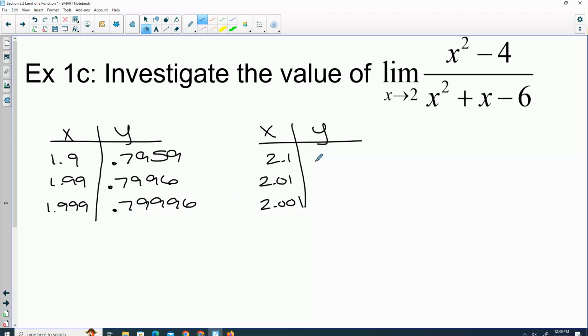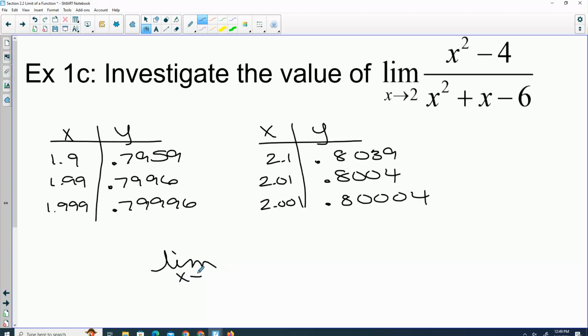All right, Sam? Grant? 0.8004. Carson and Grayson? 0.8000. All right, so what do we think this limit is? 0.8.